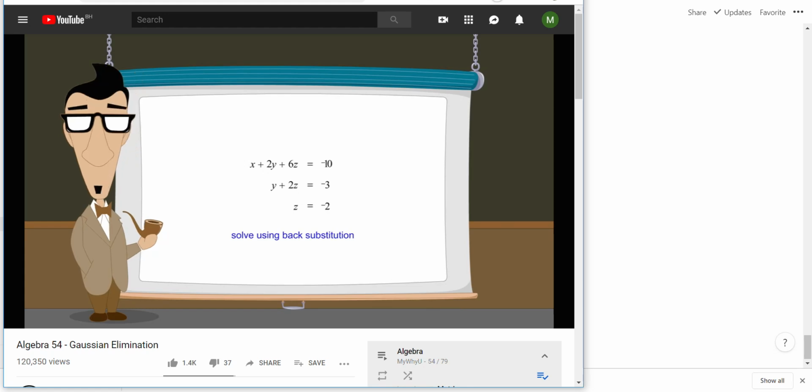But before we introduce Gaussian elimination, let's see what it means for an augmented matrix to be in row echelon form.